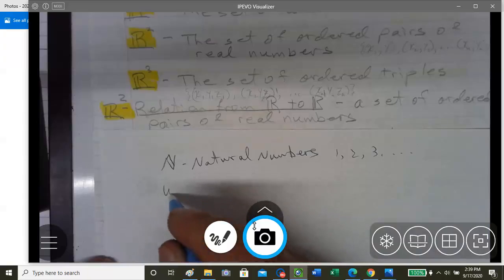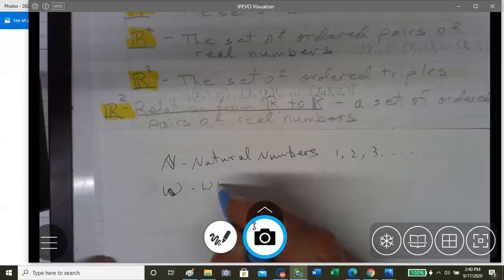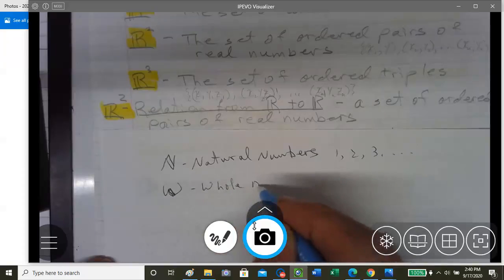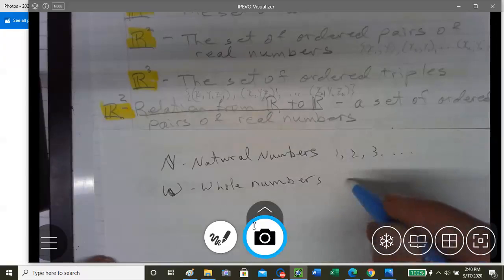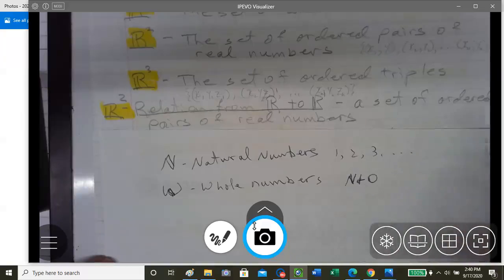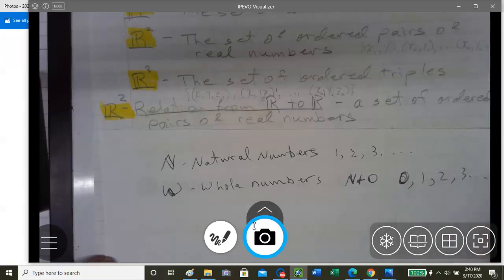And then you have whole numbers. Whole numbers are nothing more than natural numbers plus 0, so 0, 1, 2, 3, and so on.